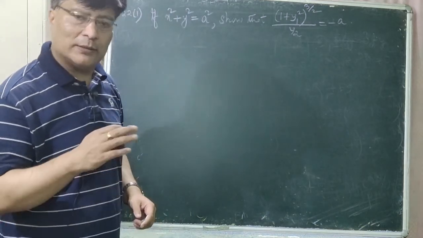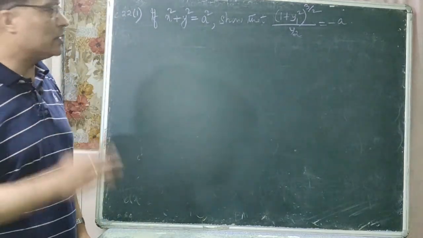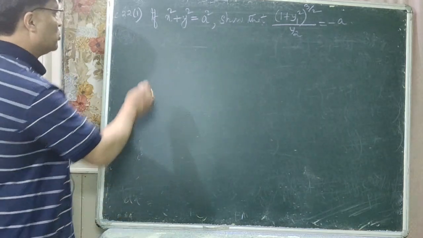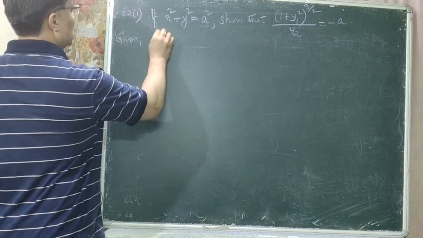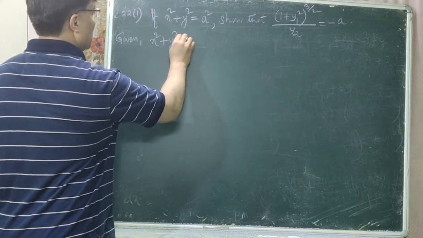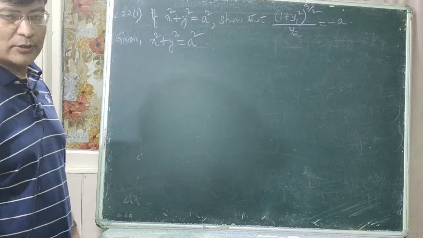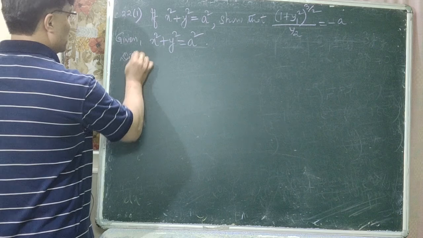So what is y1? dy by dx. What is y2? d2y by dx square. So let us find out these two terms, that is y1 as well as y2. So here given is x square plus y square is equal to a square. Now differentiate both the sides with respect to x.